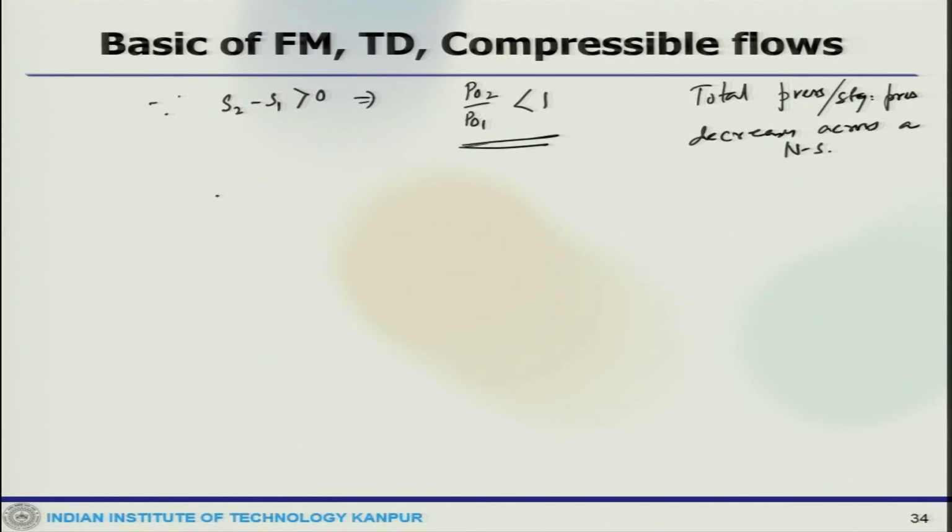Now, we can get the density too. Rho naught is P naught by R T naught.